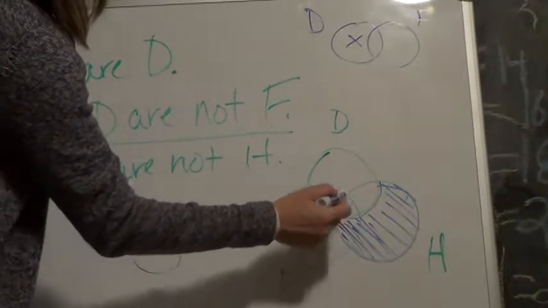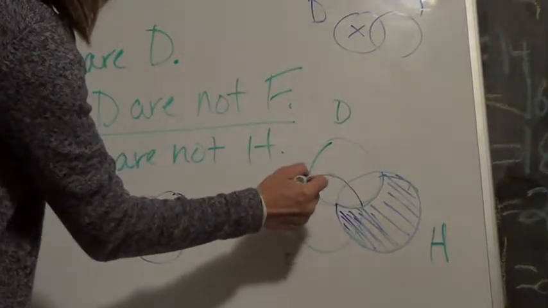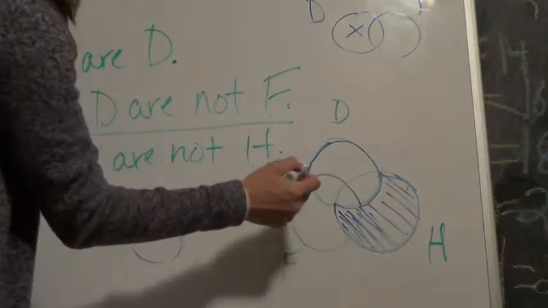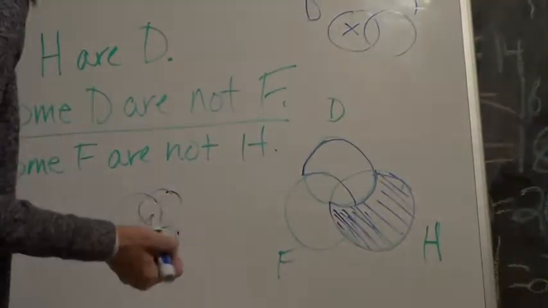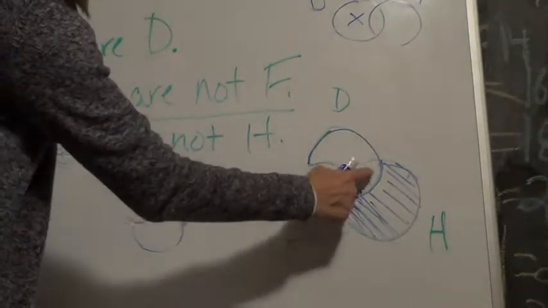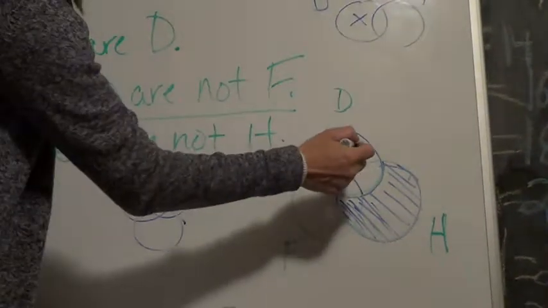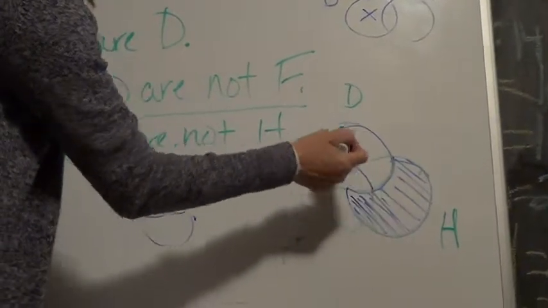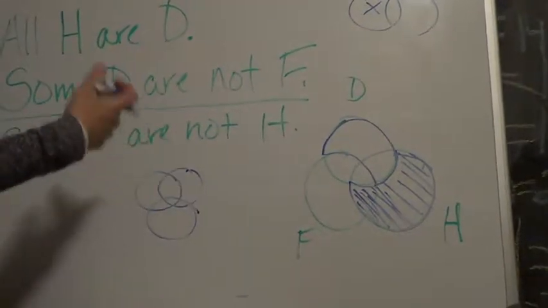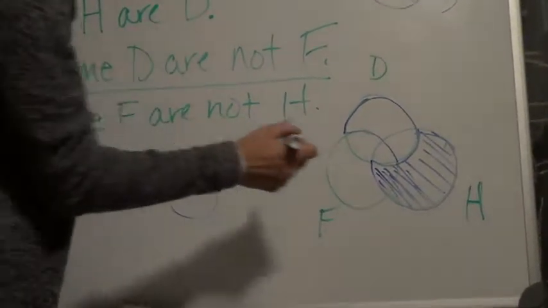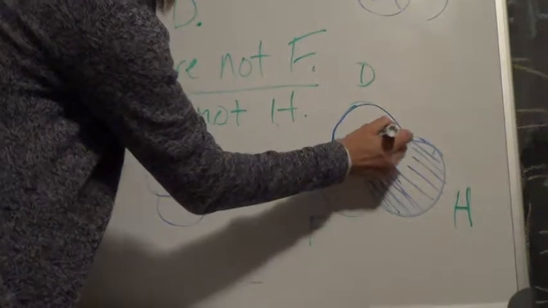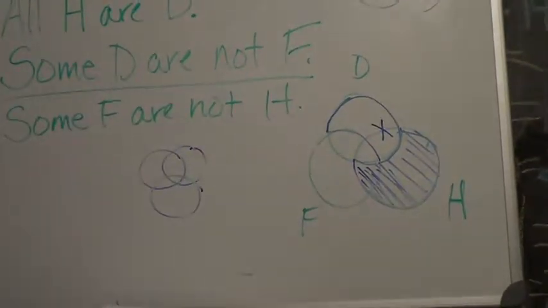If you look at some D are not F, you know that you need an X out here. However, in this case, because nothing is shaded, you don't know whether that thing out here is also an H or not. Remember, this is deductive logic, so you can't make that assumption, so therefore you have to put it on the line.